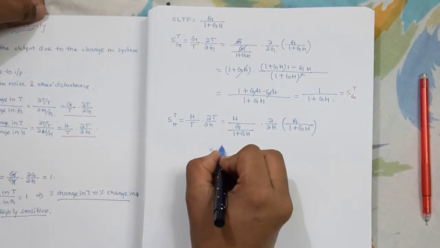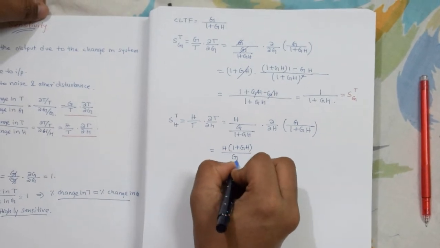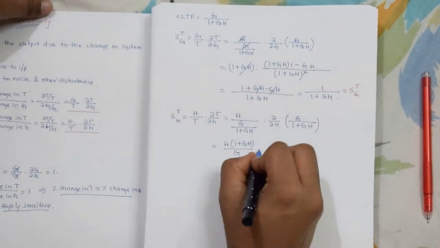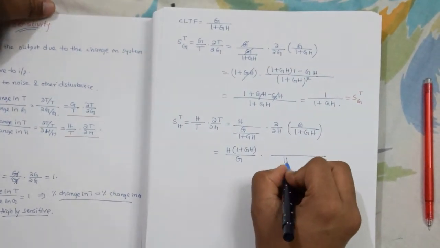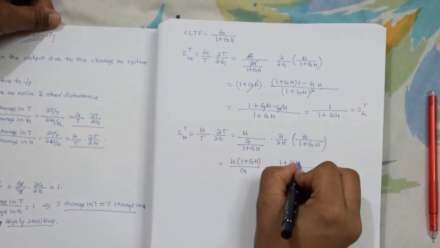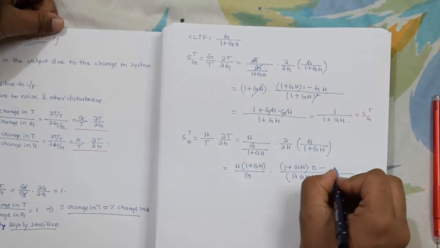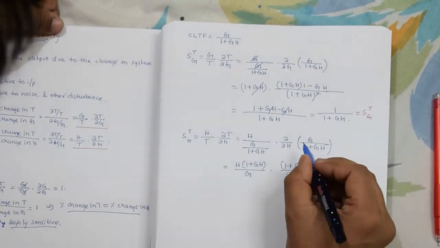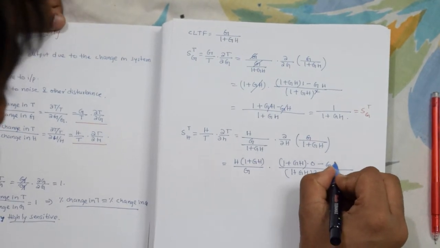It will be h into 1 plus gh by g into, now differentiation of this one, it is v square into v d/dx of u, it is 0, minus u d/dx of v, it is g.